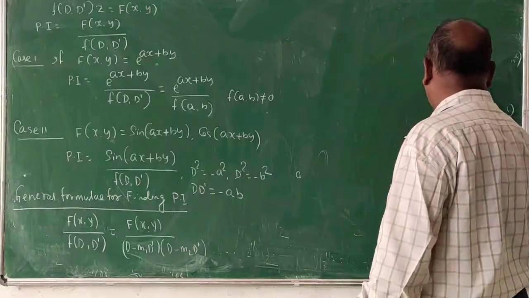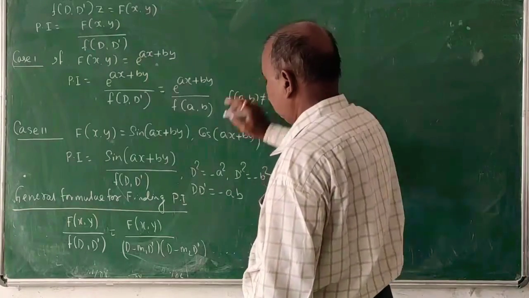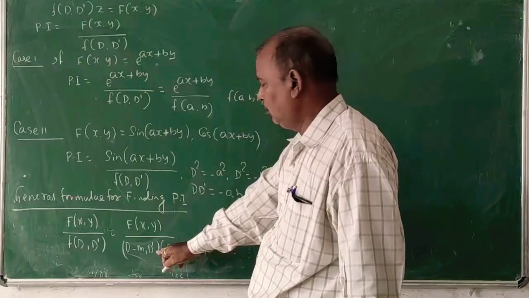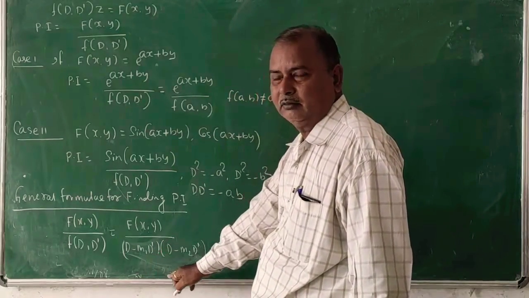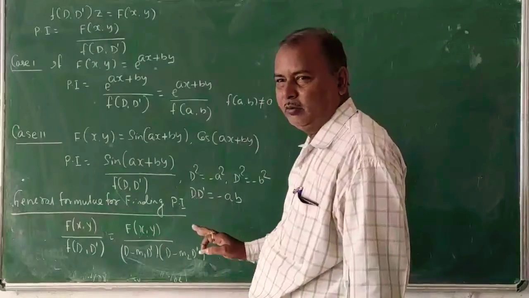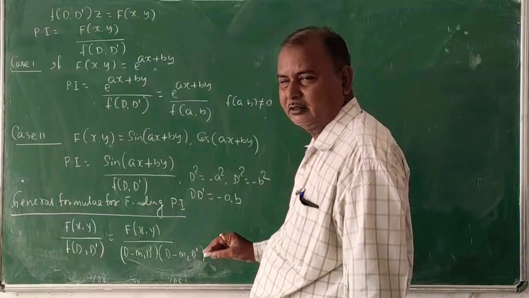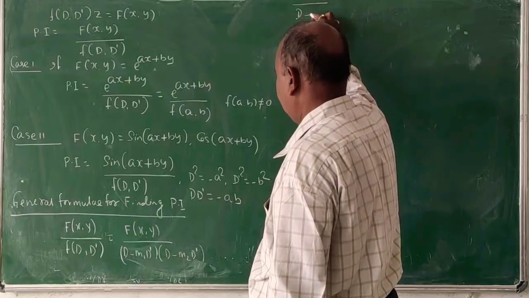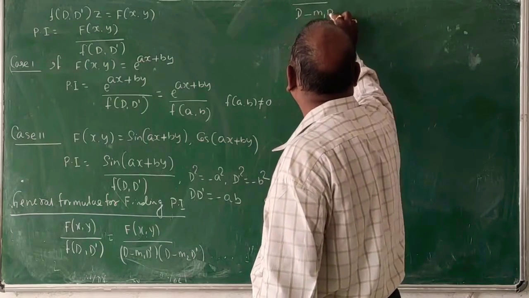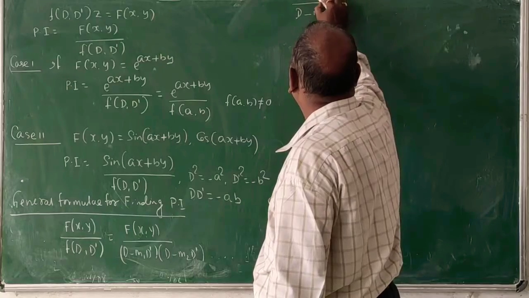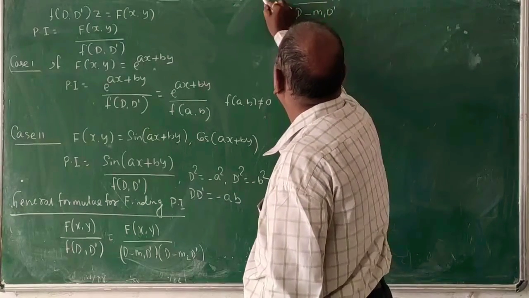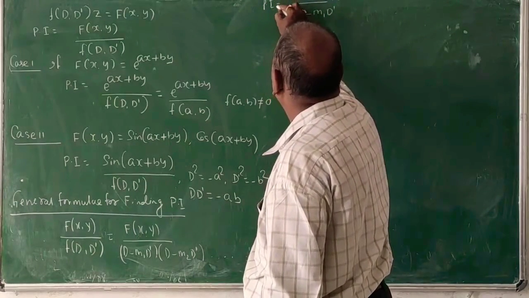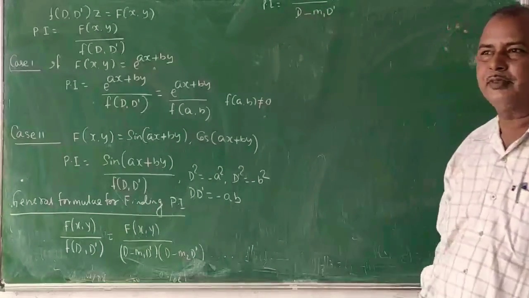So resolving it, you get n1 by D minus m1 D dash, n2 by D minus m2 D dash, like that. So one part you take: 1 by D minus m1 D dash acting on a function of x, y. How to find this particular integral in this case?